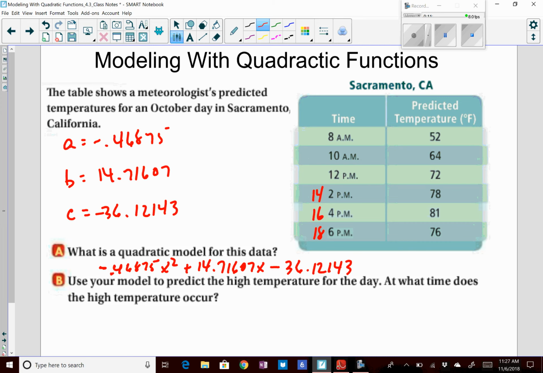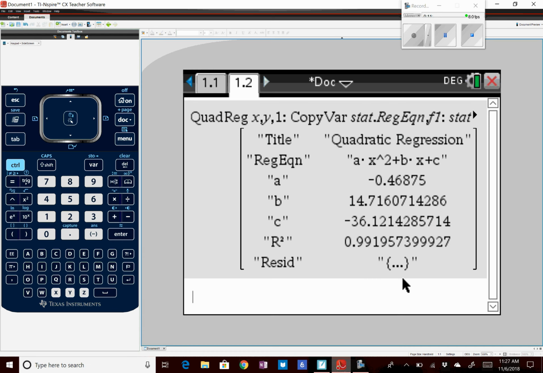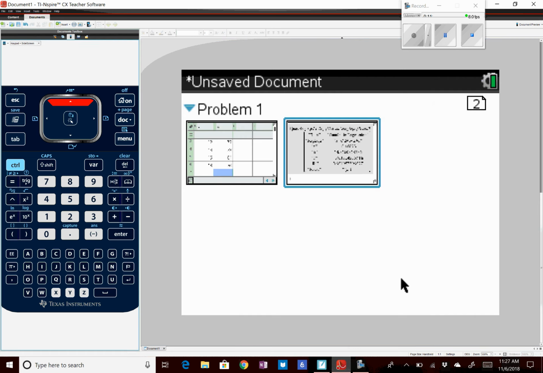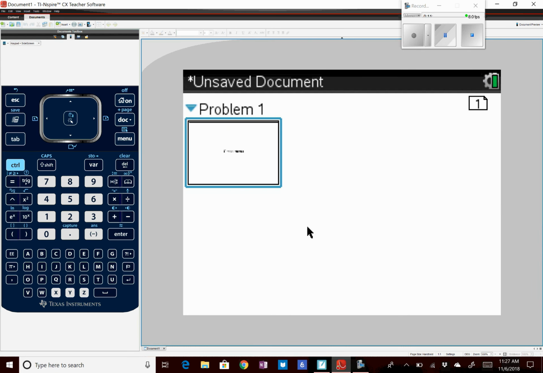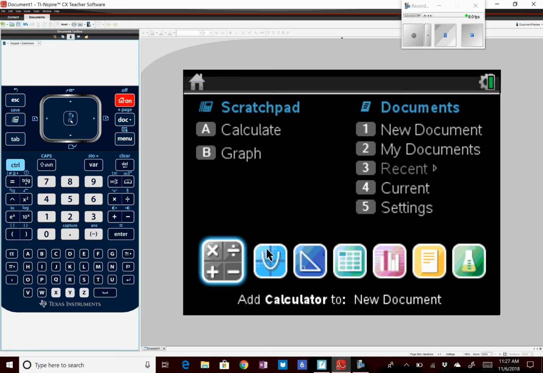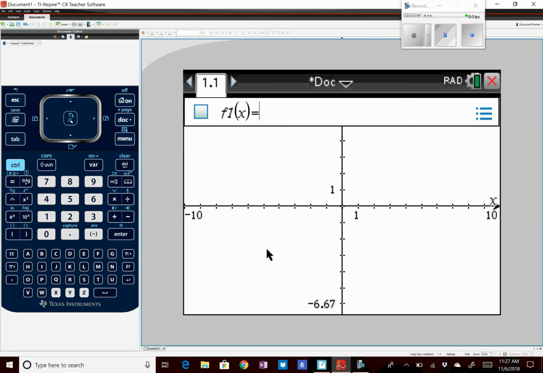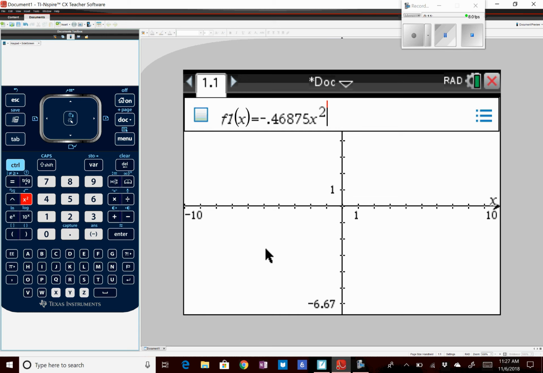So again, we'll go to the calculator, and graph this. So negative 0.46875 x squared plus 14.71607 x and negative 36.12143.